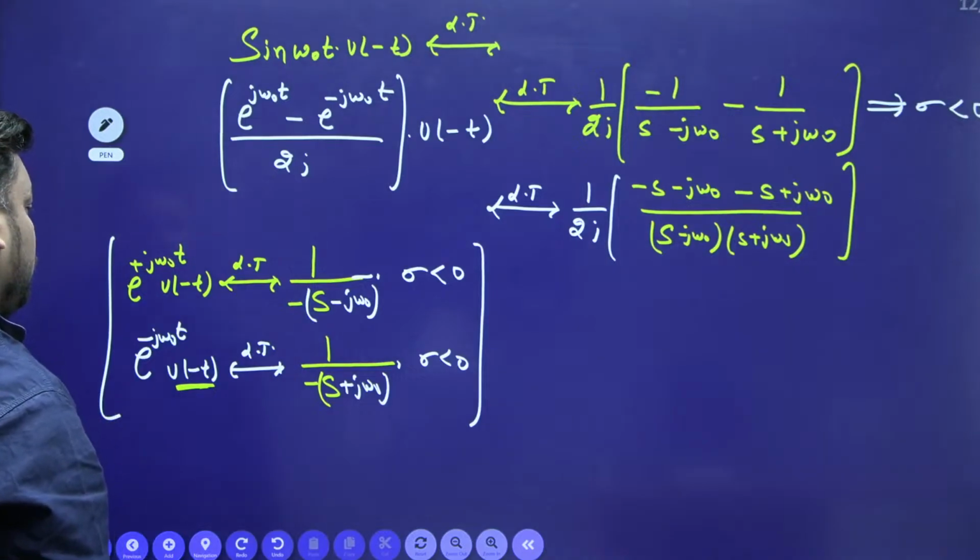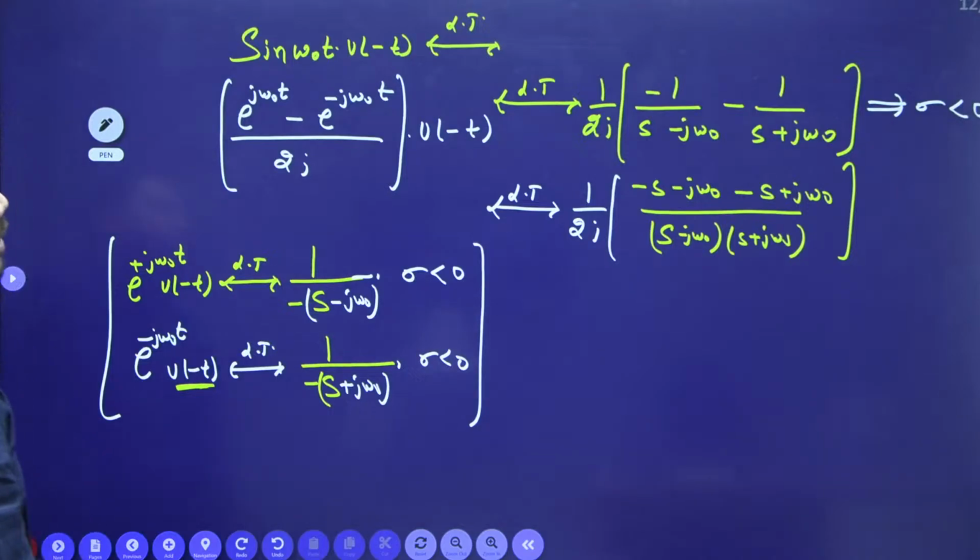So 1 upon minus s, here is where you made a mistake, just let me know, guys. Calculation part, just check the calculation part, beta. Minus, this is minus, this is plus.